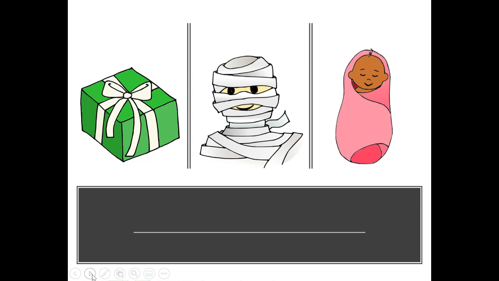In the third picture, I notice a baby that's snugly wrapped in a blanket, warm and cozy. So how are these pictures the same or similar? They all show wrapped.